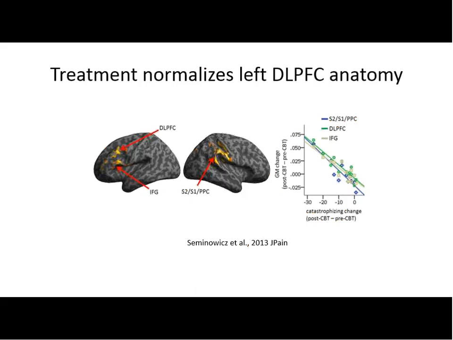We also saw this in a different population of chronic pain patients using a different intervention. This is cognitive therapy, where the outcome this time, instead of pain, is pain catastrophizing, which seemed to change the most with cognitive behavioral therapy.